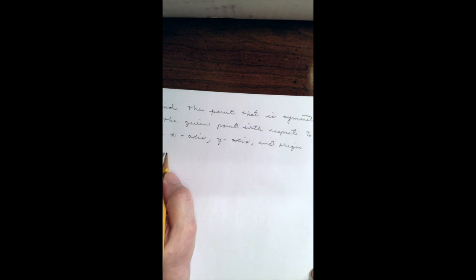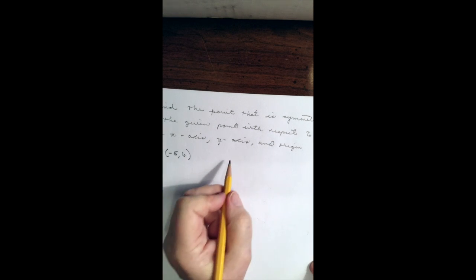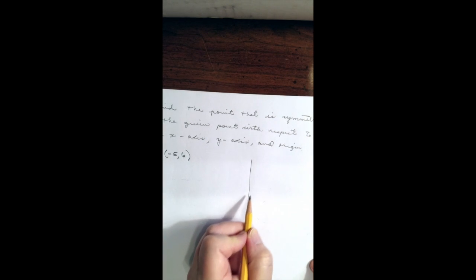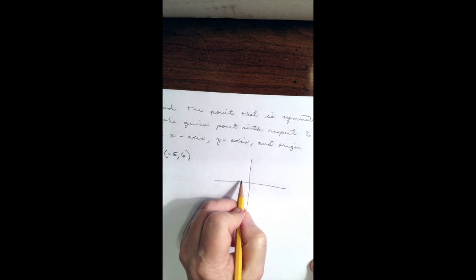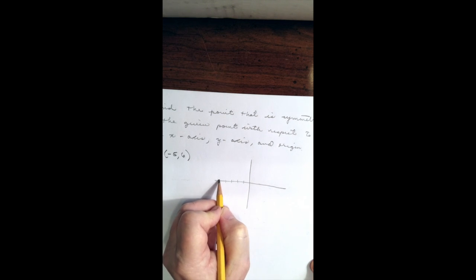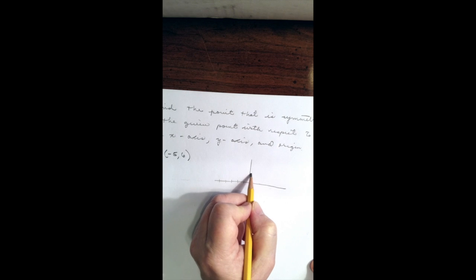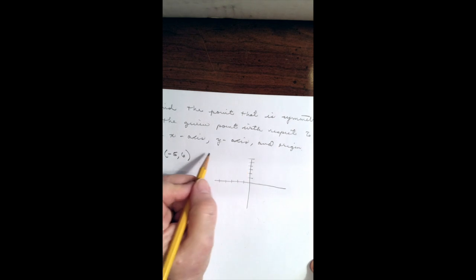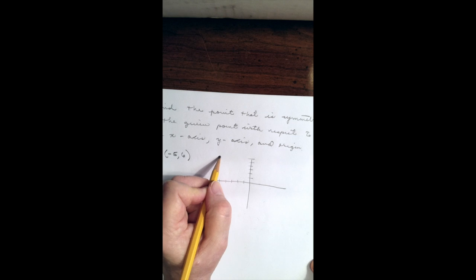So if I have the point -5, 6, it's helpful if we put that point on a graph. And so here's our point.